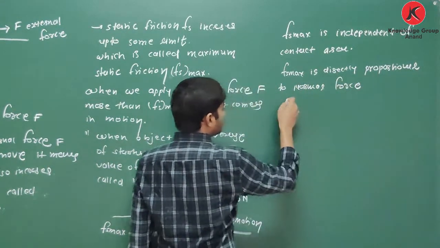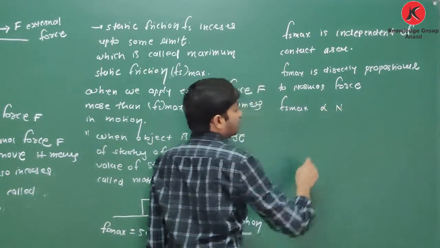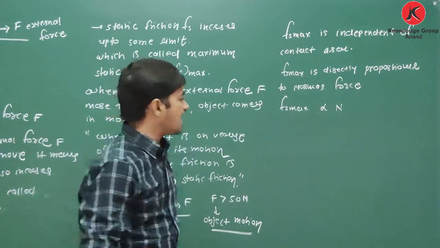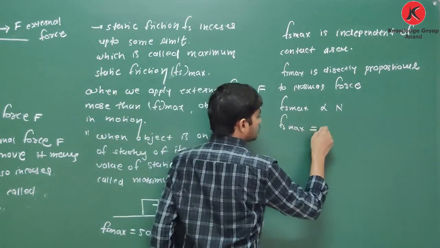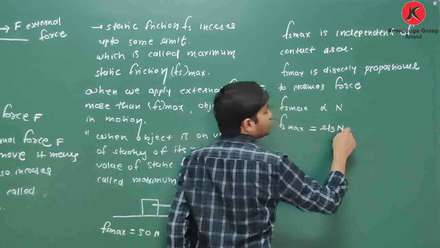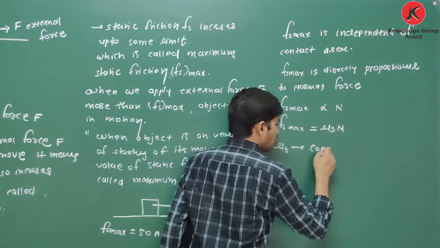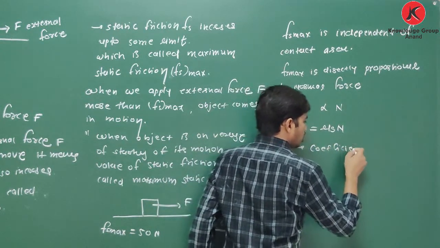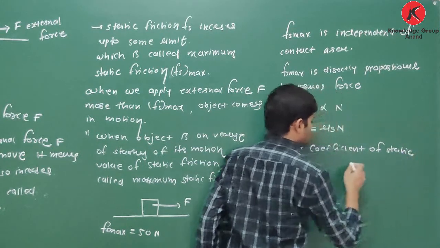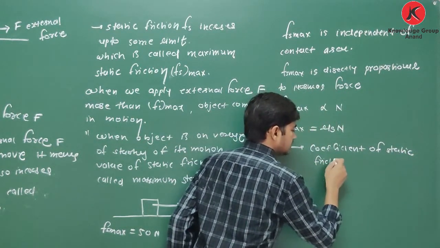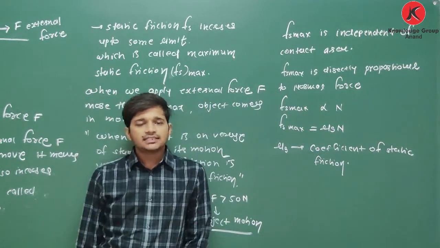We can write this as Fs maximum is proportional to N. And if we remove proportionality, we have to add some constant. Then Fs maximum is equal to mu s into N, where this mu s is called the coefficient of static friction. Clear about this?